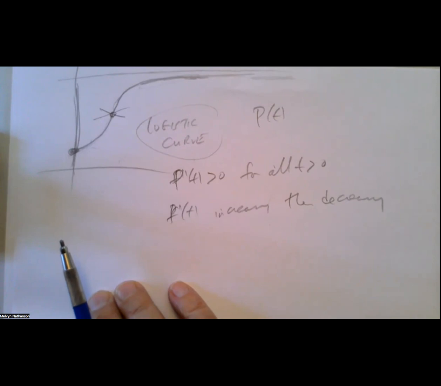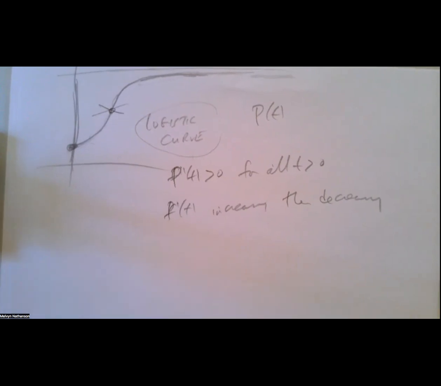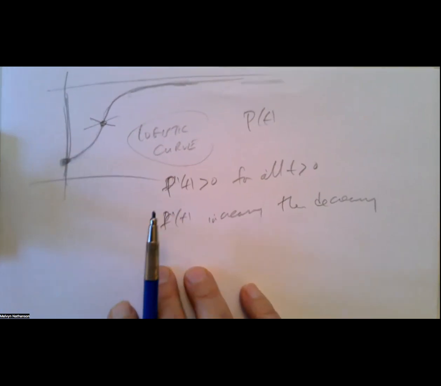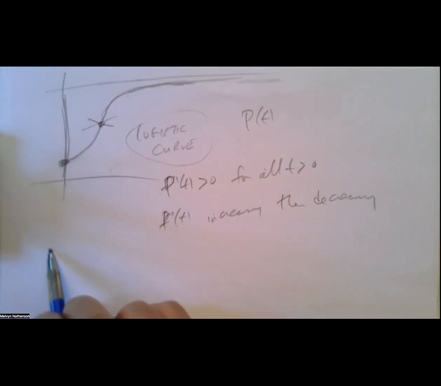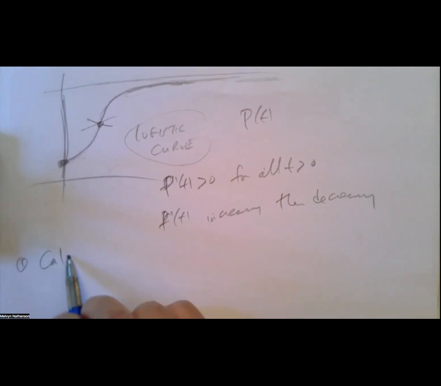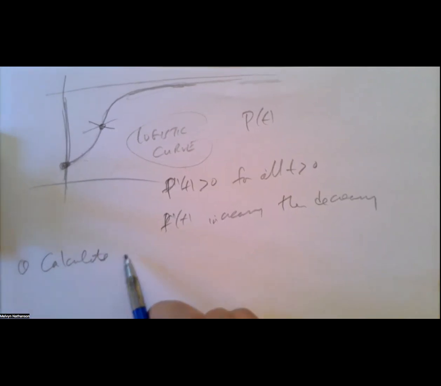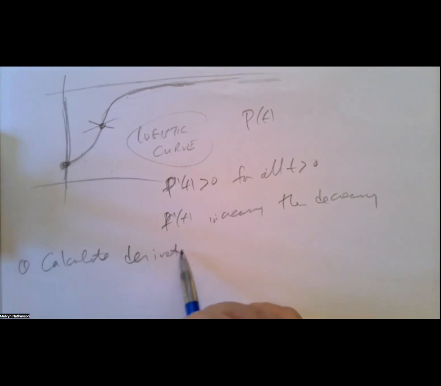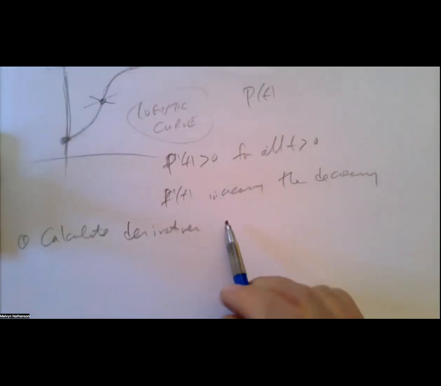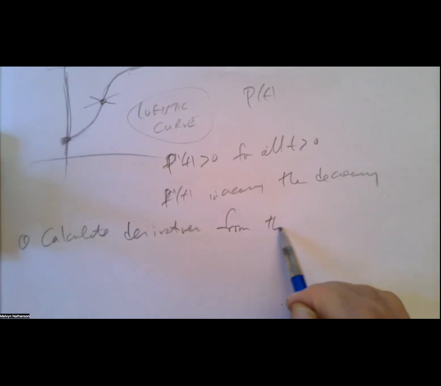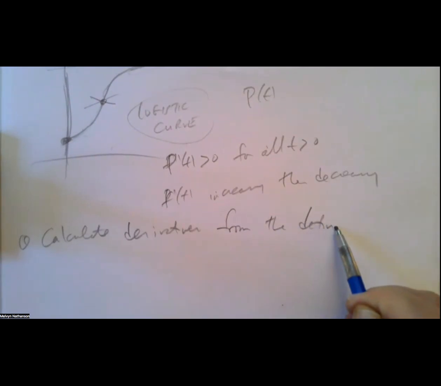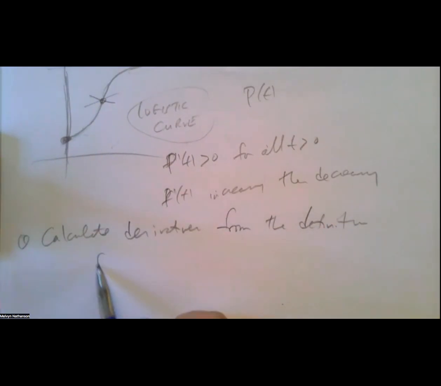how do we calculate derivatives? A large part of this class, in the first half of the semester, is learning how to calculate derivatives. So one method is you calculate derivatives from the definition.